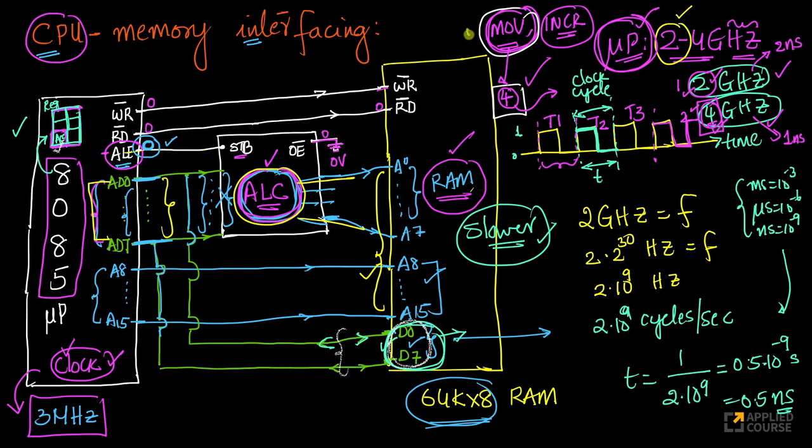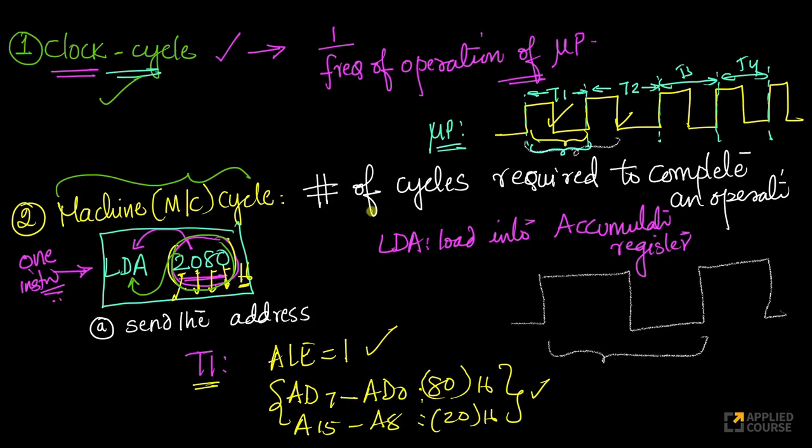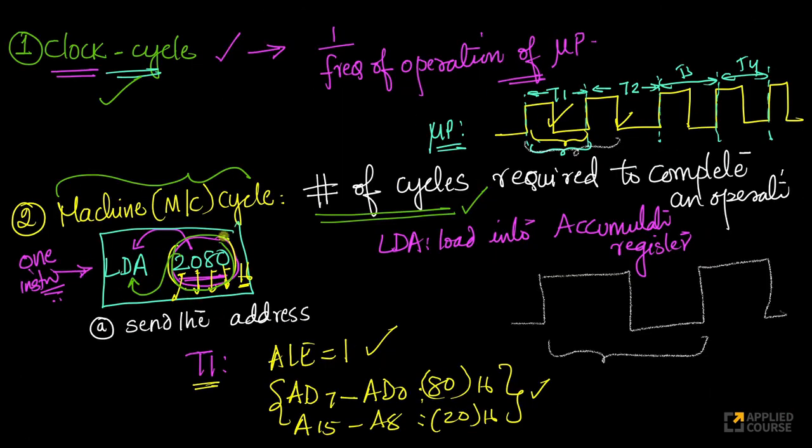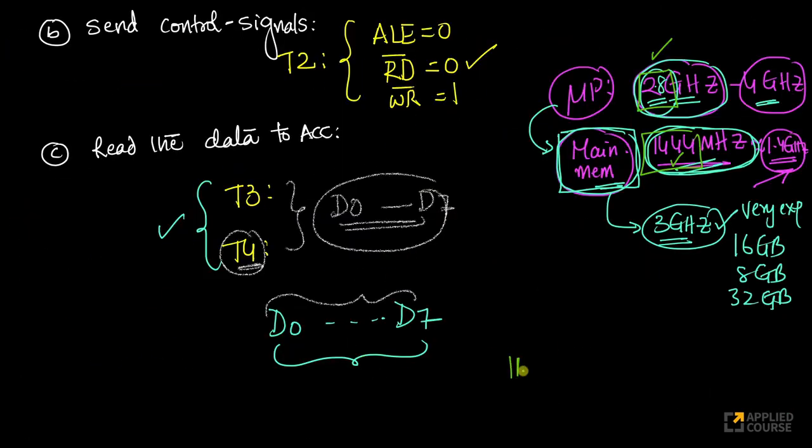Similar logic applies to move, increment, or any other machine instruction. Each instruction is decomposed into one or more cycles, right? For example, take the increment operator. Imagine I have another instruction, increment accumulator.